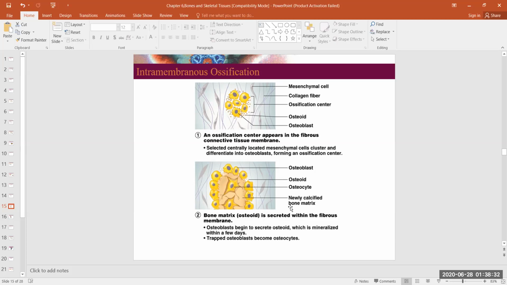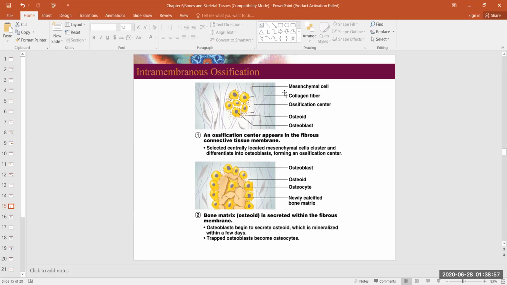In your fetal life, at the beginning, these mesenchymal cells, the totipotential cells, move around the growing fetus, and they are spindle shaped.